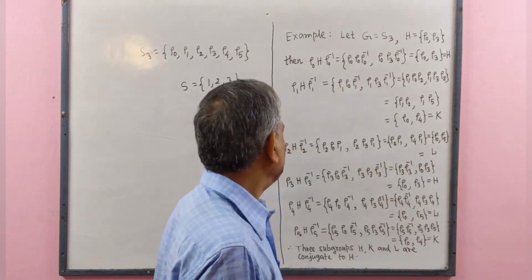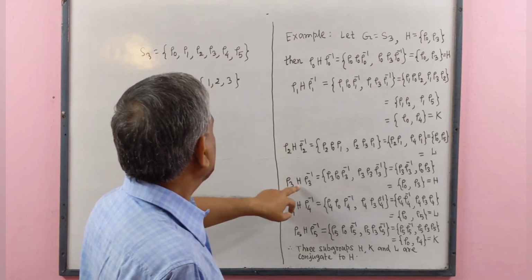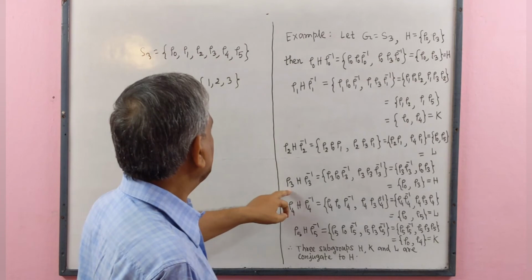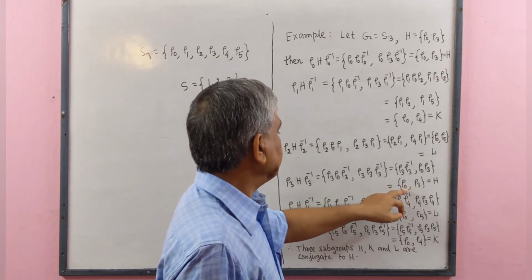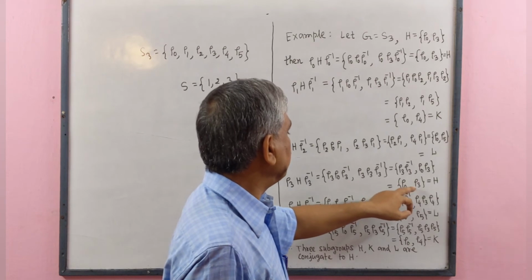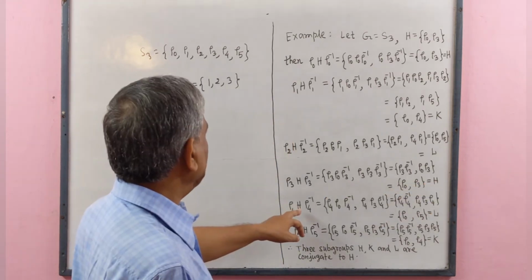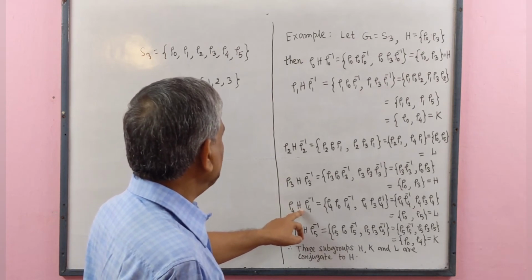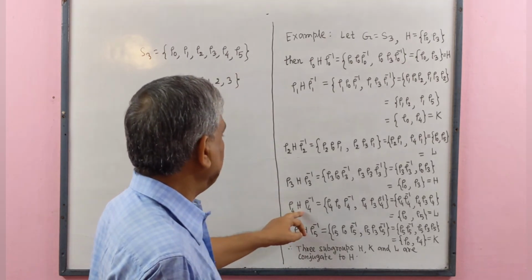Let this be L. Then we find the conjugate of H with respect to element ρ3, and we get a set containing elements ρ0 and ρ3.